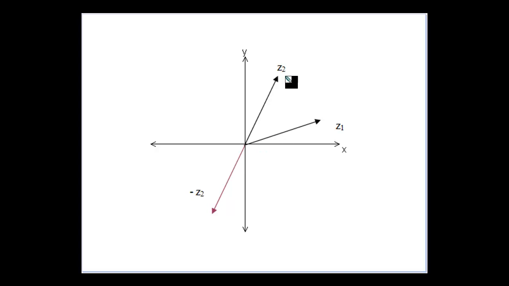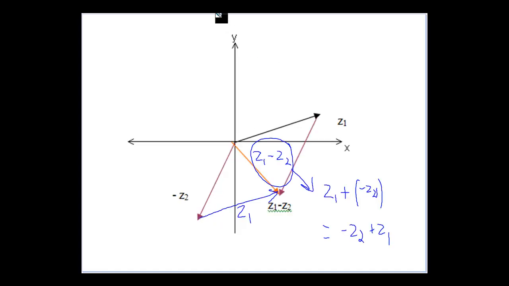We've got z1, z2, as we said. Find minus z2, which will be opposite direction in terms of rotation of 180 degrees and same distance. What we want to do then is make it a free vector and do our addition. So z1 plus minus z2. We get z1 there. We take our vector across and make it minus z2 to get to this point.